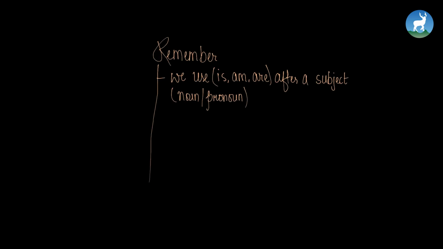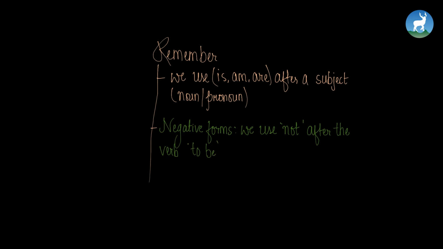So remember, we use is, am or are, that are the verbs to be after a subject, noun or pronoun. For negative forms of present simple for the state of being, we simply use not after the verb to be: are, is, am. And to form questions in the present simple tense for the state of being, we invert the subject and the verb to be.